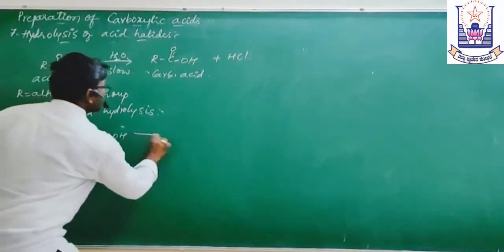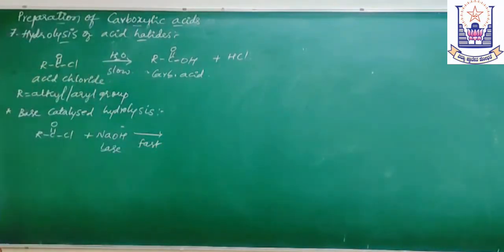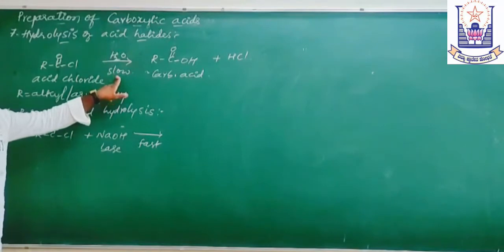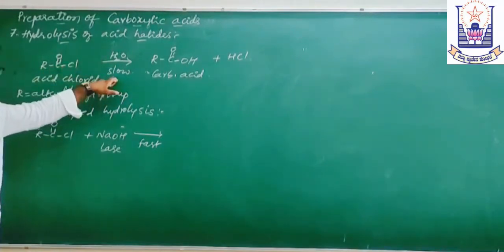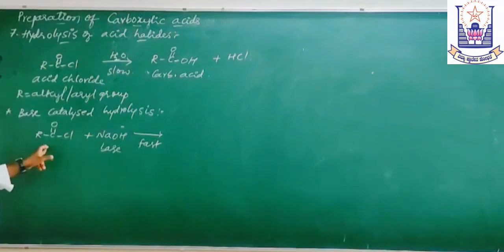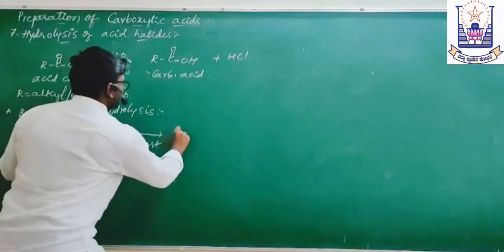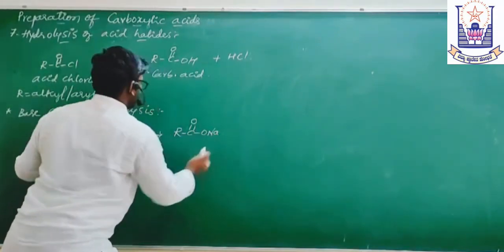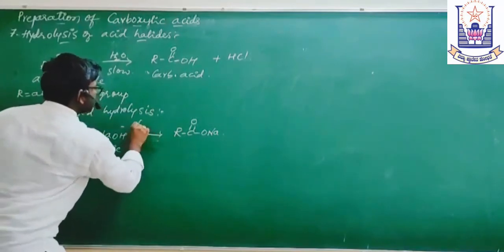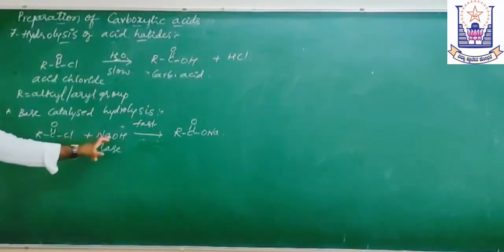This reaction will be fast. When you directly add water to the acid chloride, it will be a slow reaction. When you add NaOH, this will be a fast reaction, and here you will get RCOONa. The byproduct will be HCl.